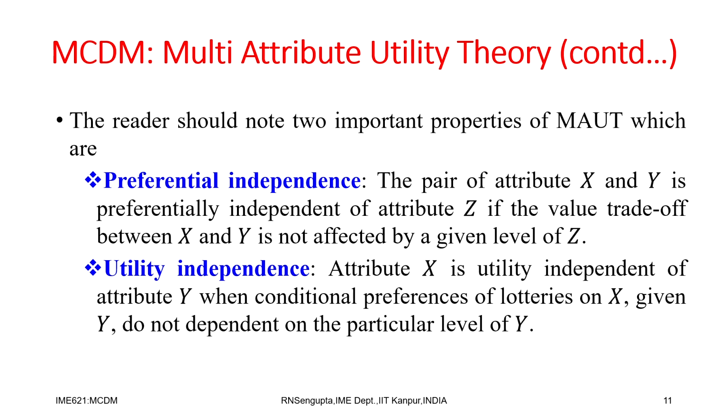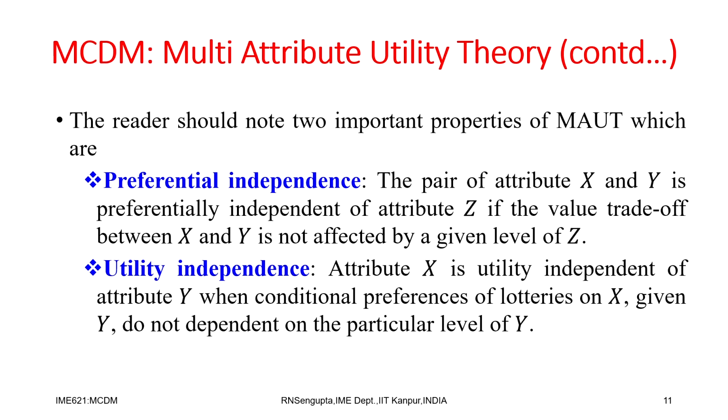Now, the reader or the students or the participants should know two important points about MAUT without going into too many theoretical concepts. First, there is a preferential independence concept, that is, the pair of attributes x and y is preferentially independent of z if the value trade-off between x and y is not affected by a given level of z.